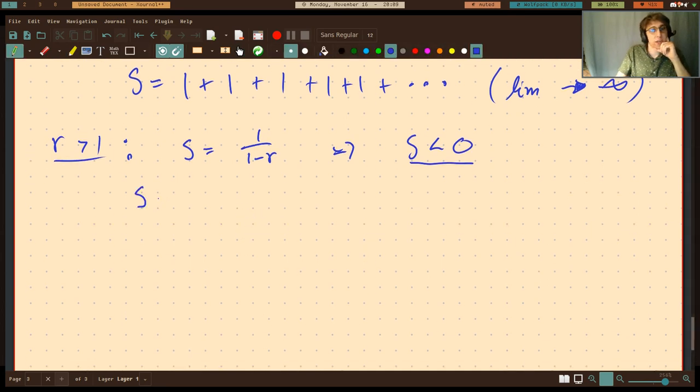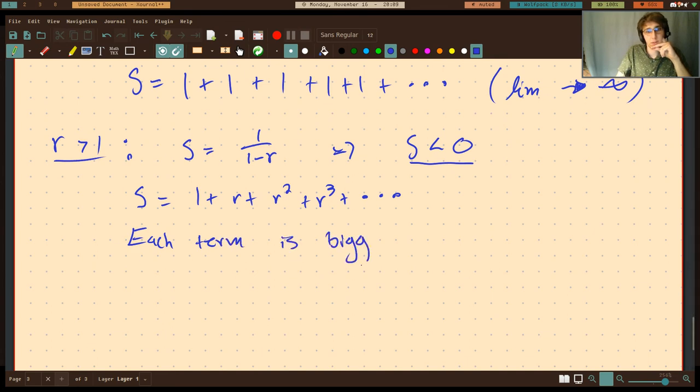Because if r is greater than 1, then s is 1 plus r plus r squared plus r cubed, and so on and so forth. Our recursion relationship tells us that each successive term is getting bigger. Each term is bigger than the last, and they're all positive.